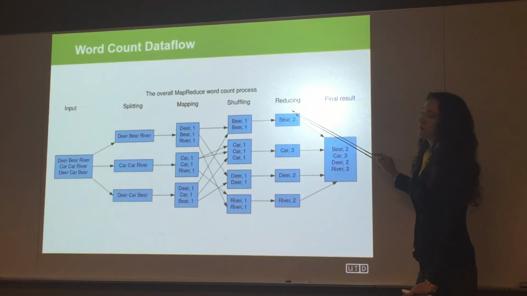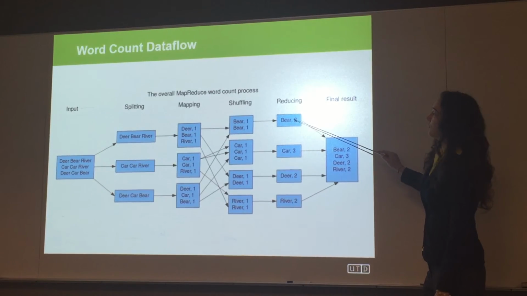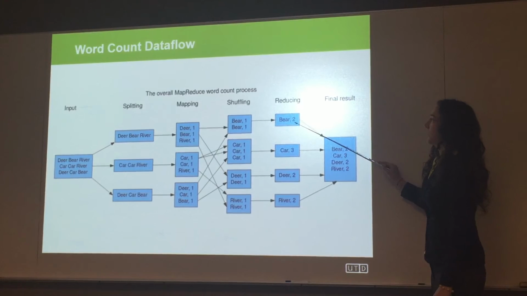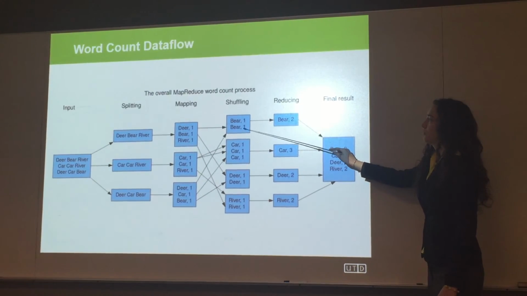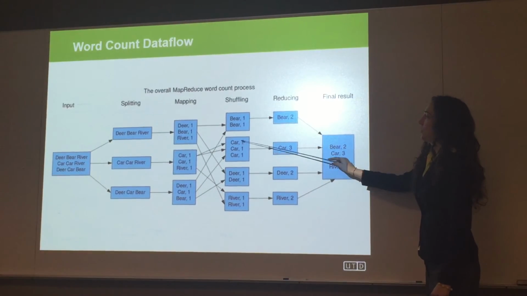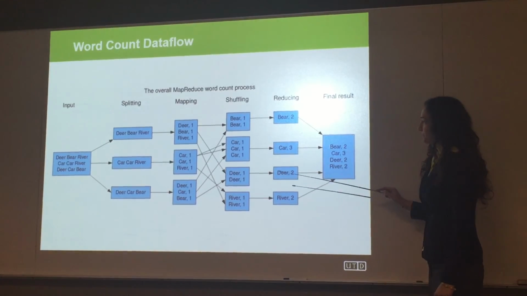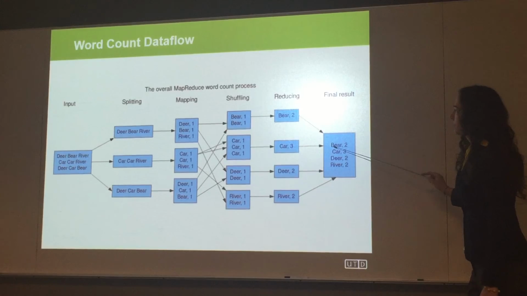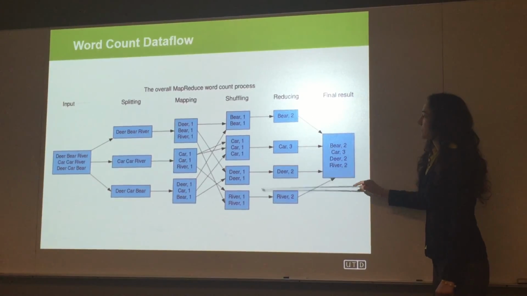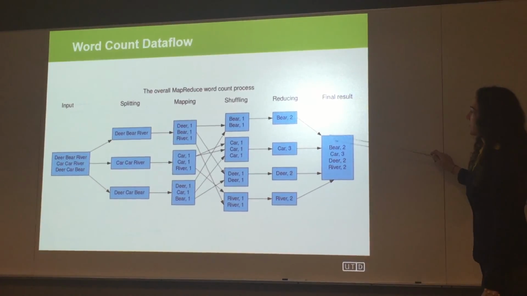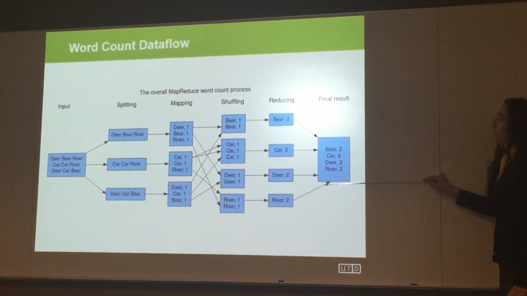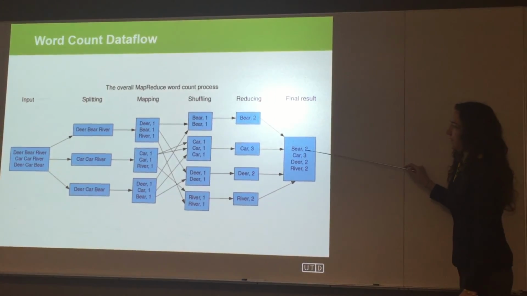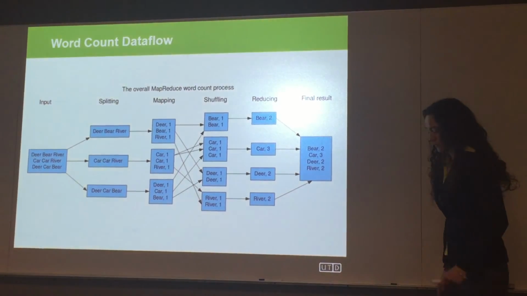And in our case, the word count program, the reducer took the key, the word, and the values and just added them together. So there was 2 here, 1 and 1, 2. Over here we will get 2 again. Just added them together. And then all the reducers produced their combined output, which is the word and the number of times that the word occurred.